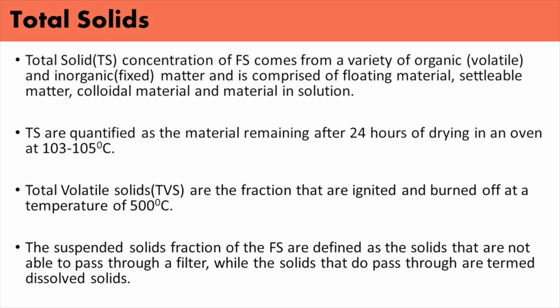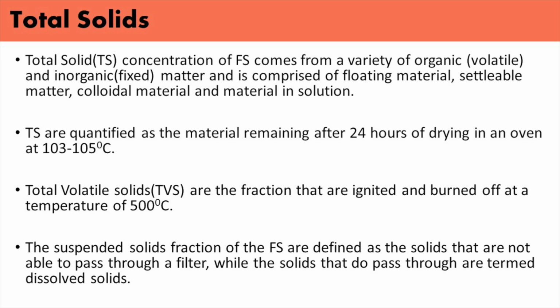Another important parameter used for the estimation of fecal sludge is total solid content. The total solid concentration of fecal sludge comes from a variety of organic, which are volatile, and inorganic matters.